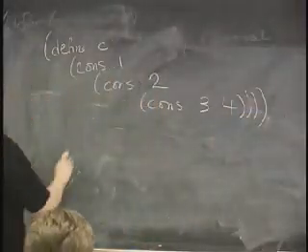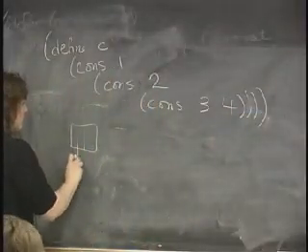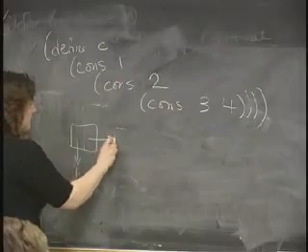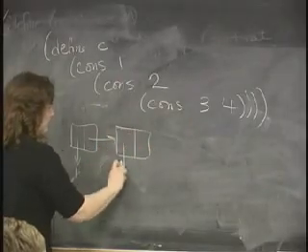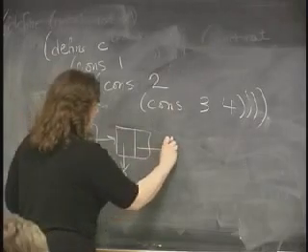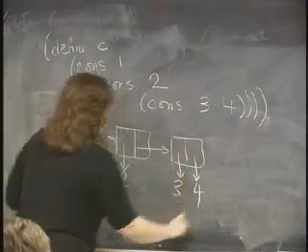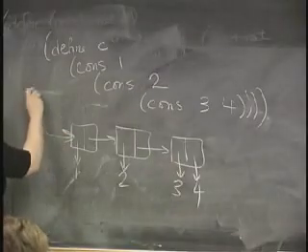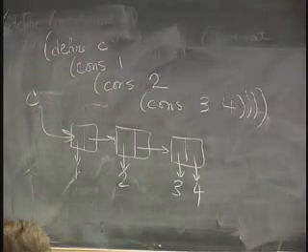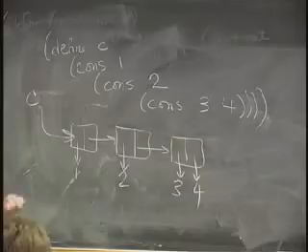We could draw this out this way if we wanted: 1, 2, 3, 4. So this looks a little bit more like putting them in a row.